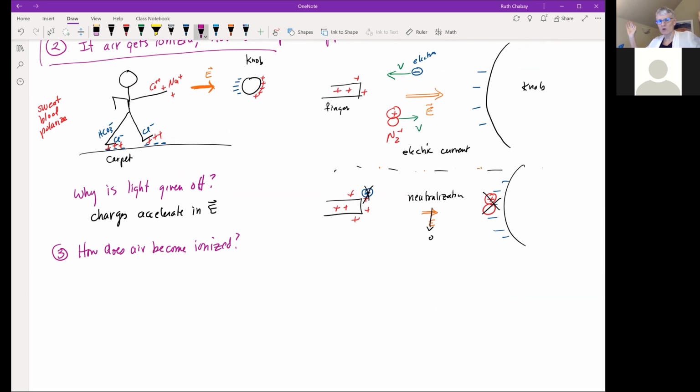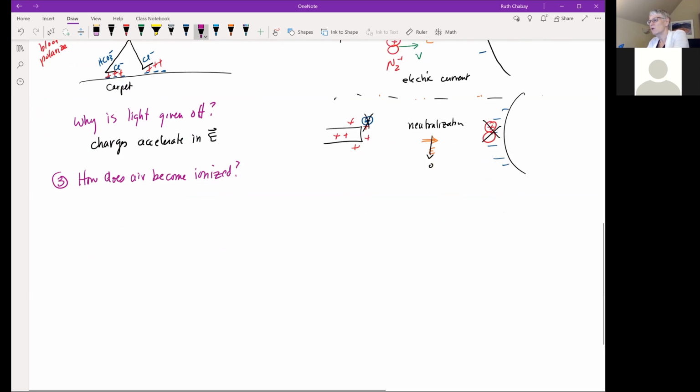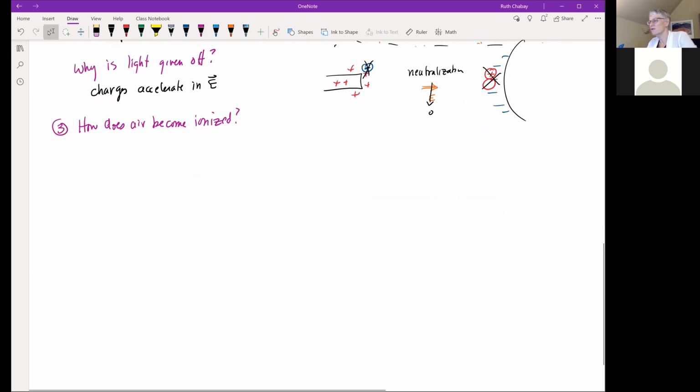Because it isn't always. We're not having sparks all the time. Air really isn't a very good conductor. So what is a process that could explain the ionization of air? We know we need an electric field.